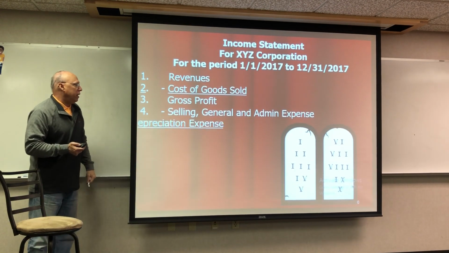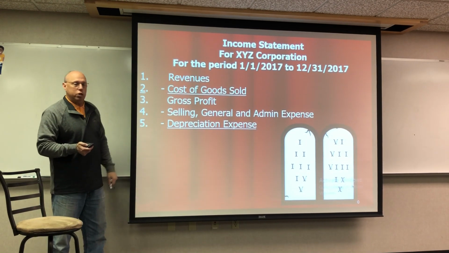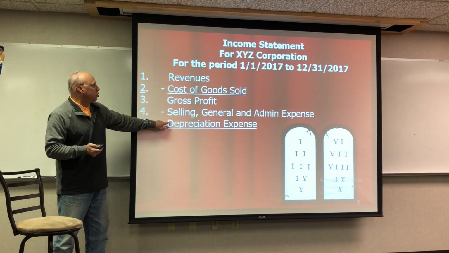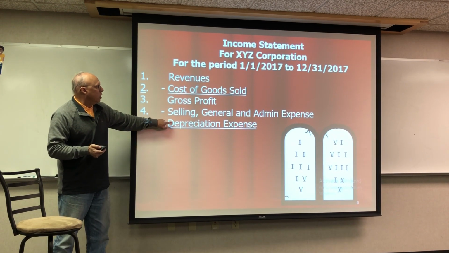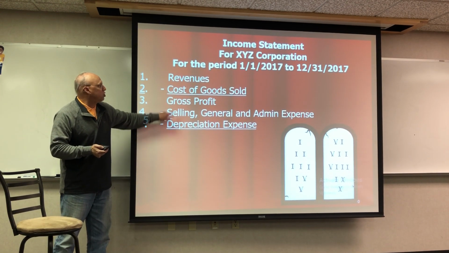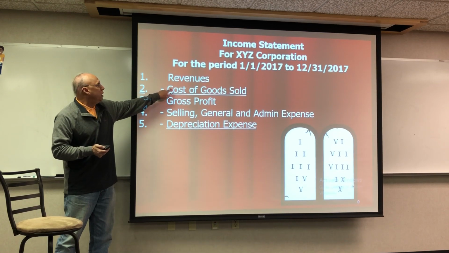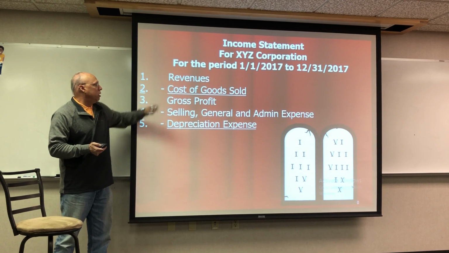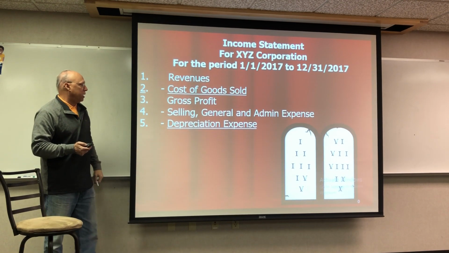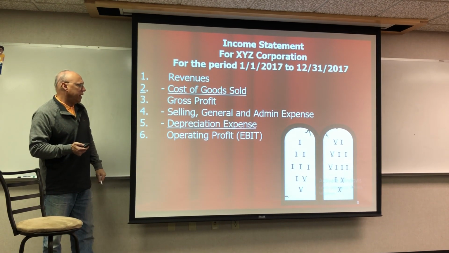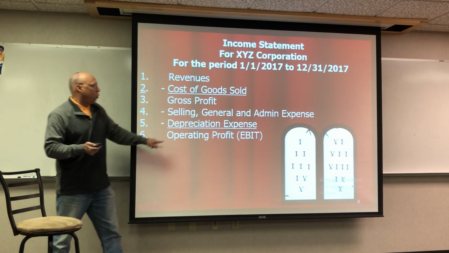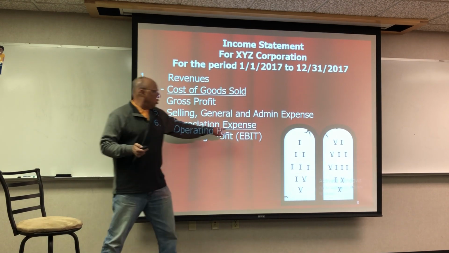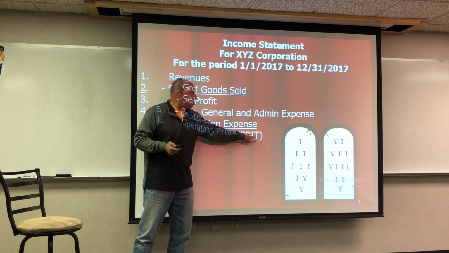Then we have our depreciation expense, which is another type of period expense, separate from any product expense depreciation, like on equipment. That equals operating profit, or EBIT, earnings before interest and taxes.